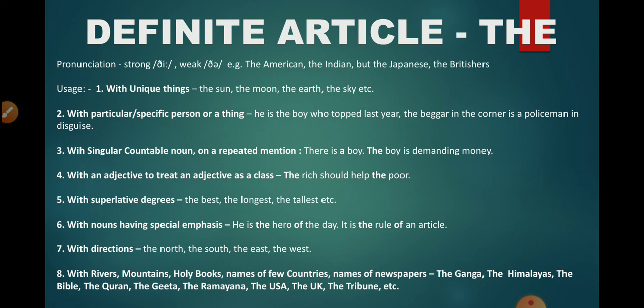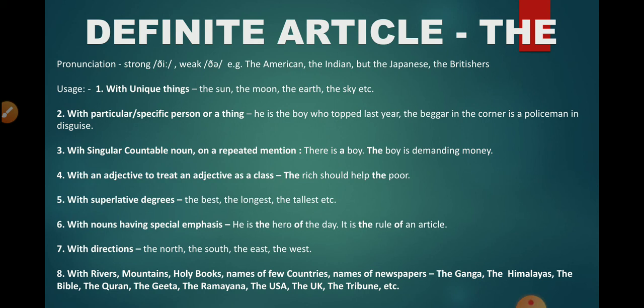And with the names of a few countries, you must pay special focus to this rule, because any name of a country is a proper noun, and with a proper noun we don't use any article.